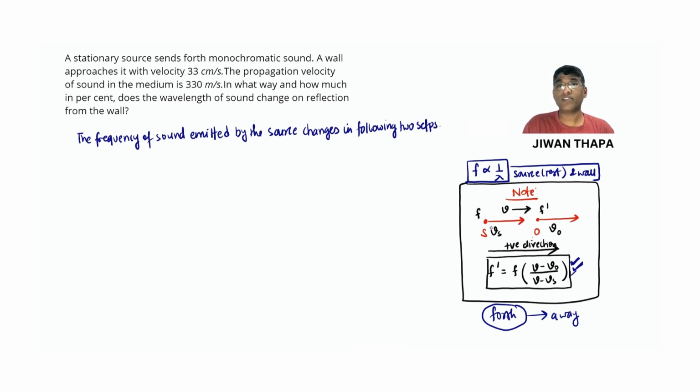So in order to find the change in wavelength, we must find the change in frequency. So the frequency of sound emitted by the source changes in following two steps.